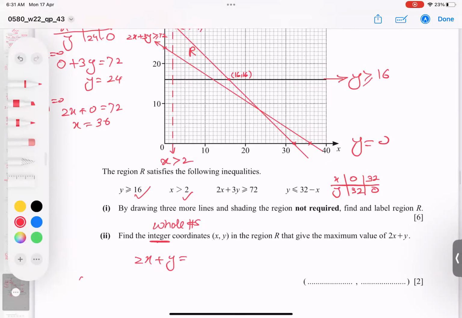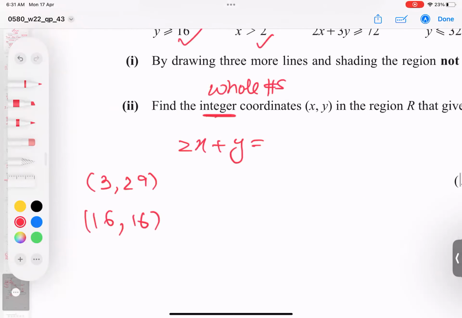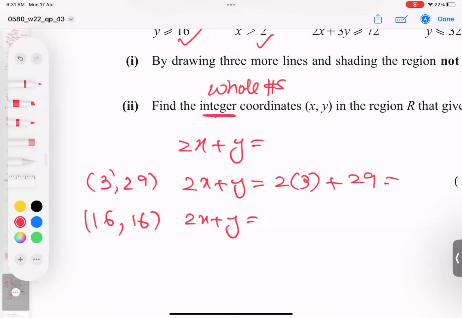I will plug in both values one by one, 3, 29 and 16, 16, and check both. Let's see what answer comes. 2 times 3 plus 29, and 2 times 16 plus 16.